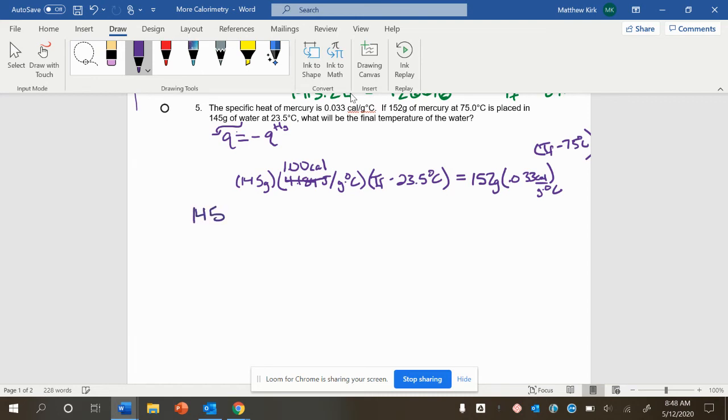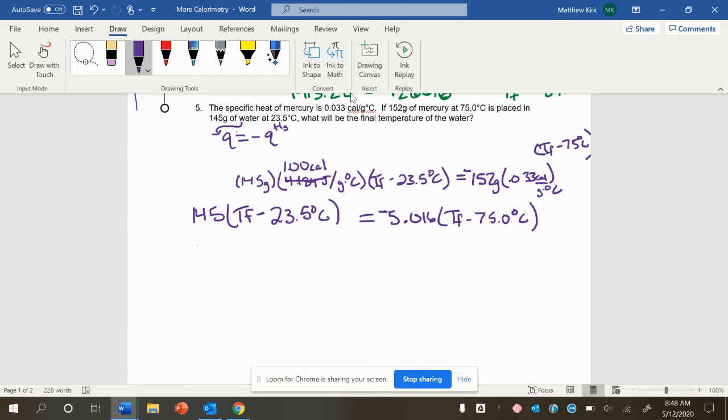Guess what? 145 times that final temperature minus the initial for water. It's going to equal 152 times 0.033, which is 5.016. Should be negative. Forgot my negative there. Times our final temperature minus the initial temperature of 75 for the mercury.